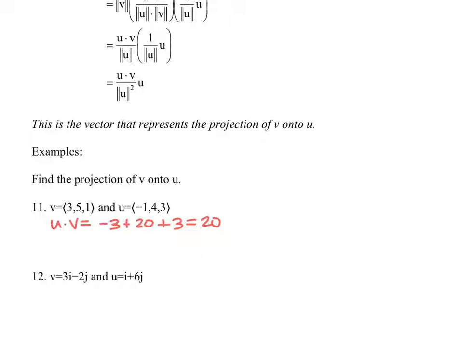All right. Vector u is vector u, so I just need the magnitude of u squared. Now the magnitude of u squared is the same as dotting u against u. I prefer to do it that way just because I feel like it's less thinking.